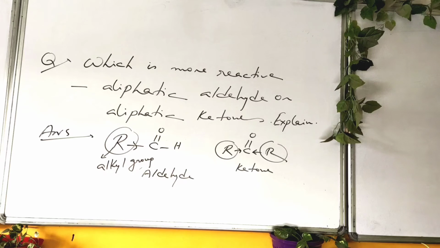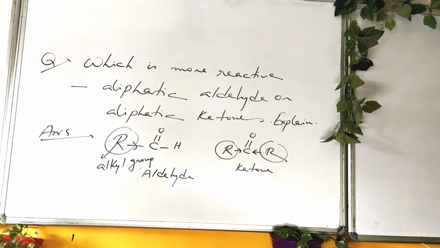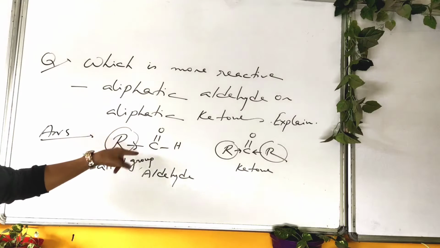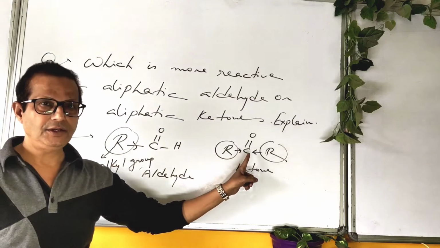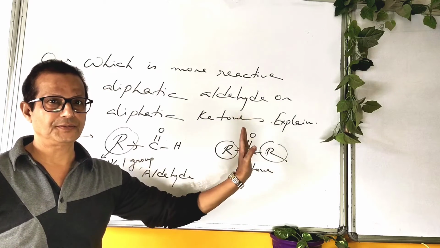Draw it, okay? Now tell me, which is more reactive, aldehyde or ketone? See, I have mentioned the electron donating nature of the alkyl group by giving an arrow. Aldehyde contains only one electron donating alkyl group, while ketone contains two electron donating alkyl groups.